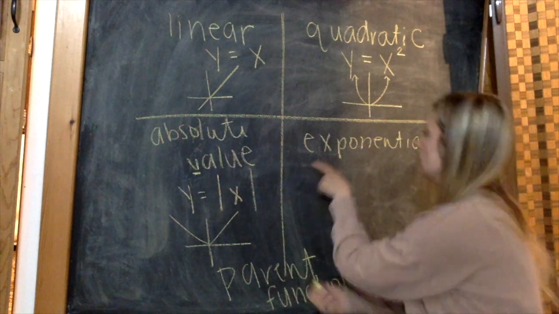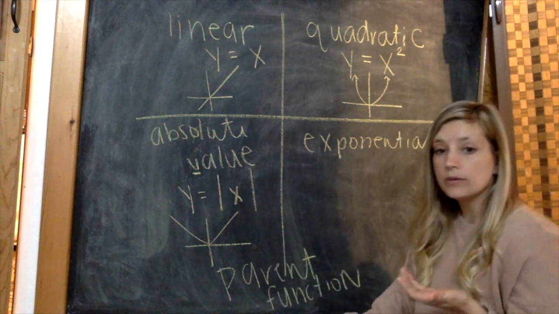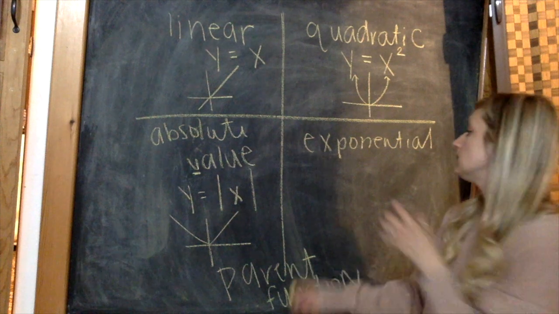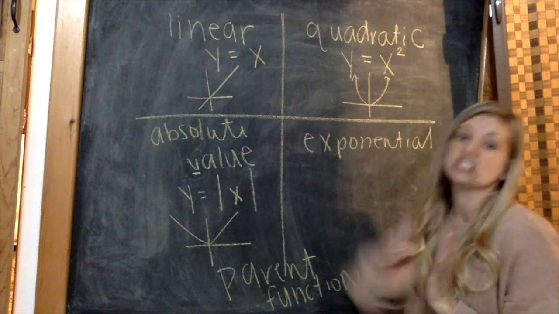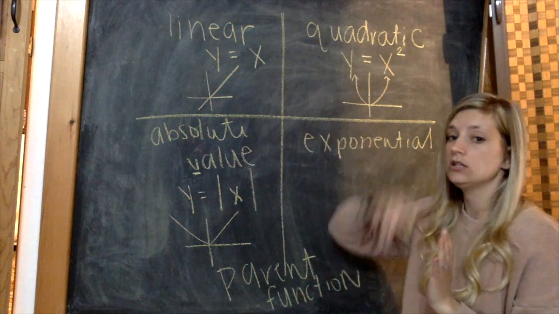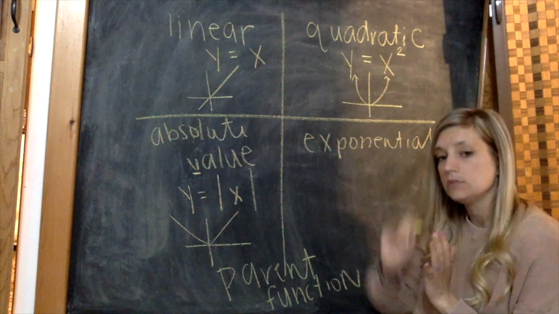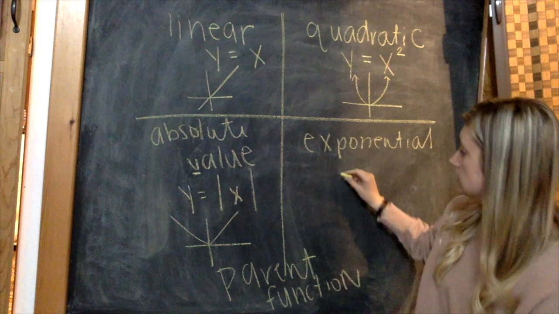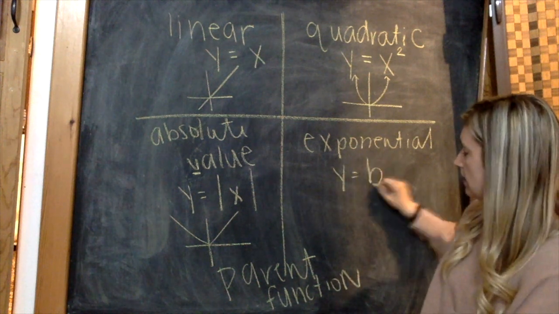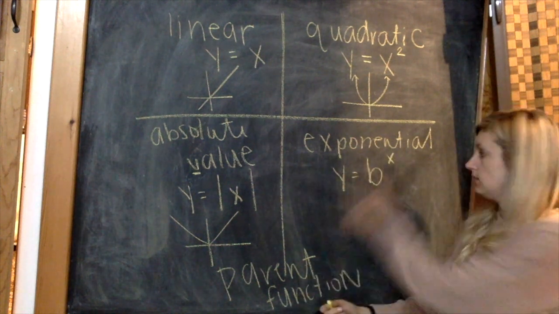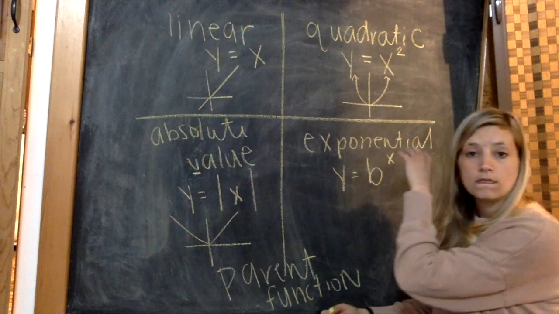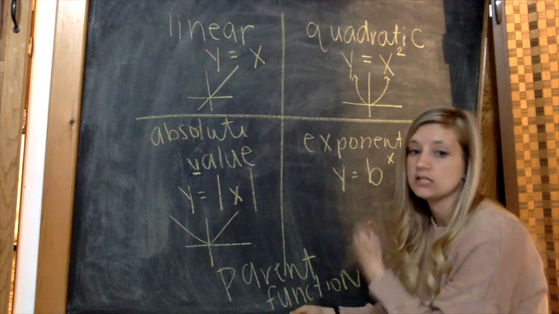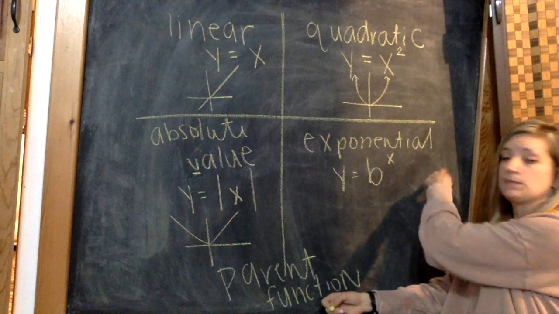The last one that we have is exponential. I know that we did that unit. Exponential means when something just skyrockets. 2 squared, 2 cubed, 2 to the 4th, 2 to the 5th. They're going to go exponentially quick. So y equals b to the x. Remember, the variable is in the exponent spot for it to be exponential.